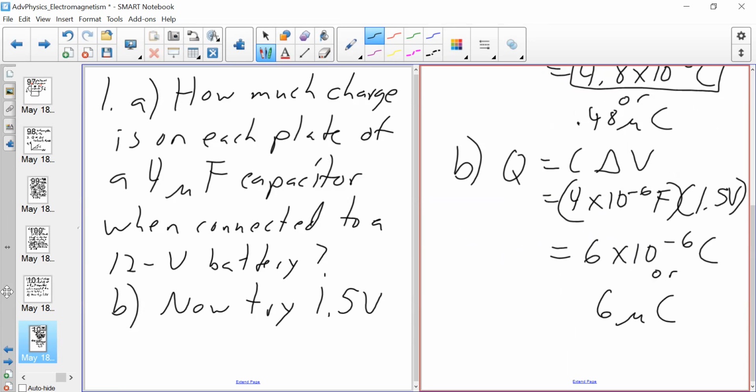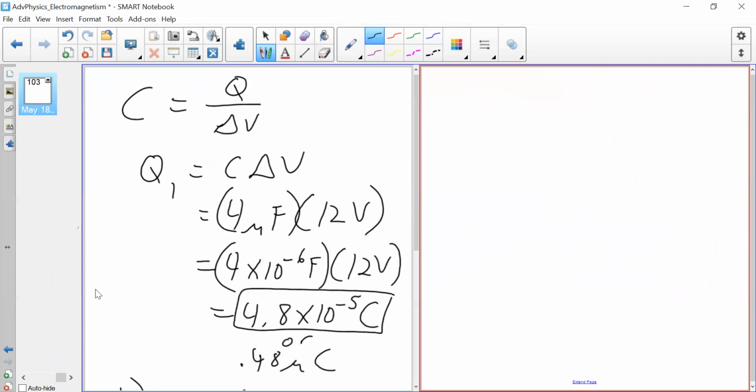Okay, great. Moving on to 26.2, calculating capacitance.